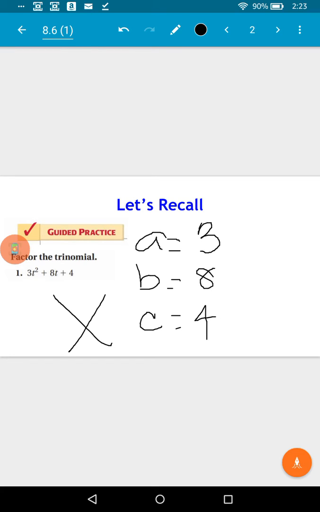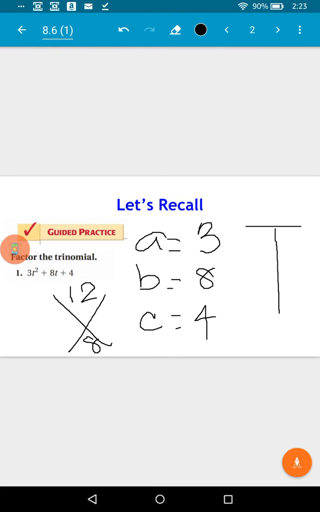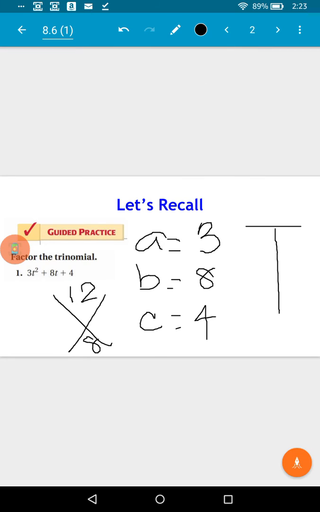Next thing, up here we know a times c is 12. We also know the value of b is 8. Actually, that's not supposed to be 8, this factor is supposed to be 12.